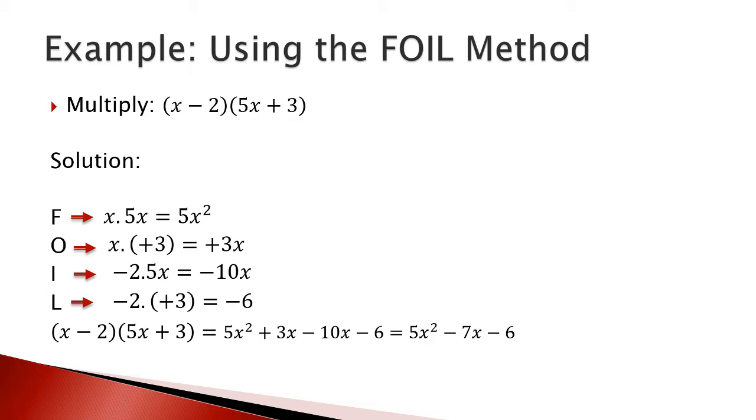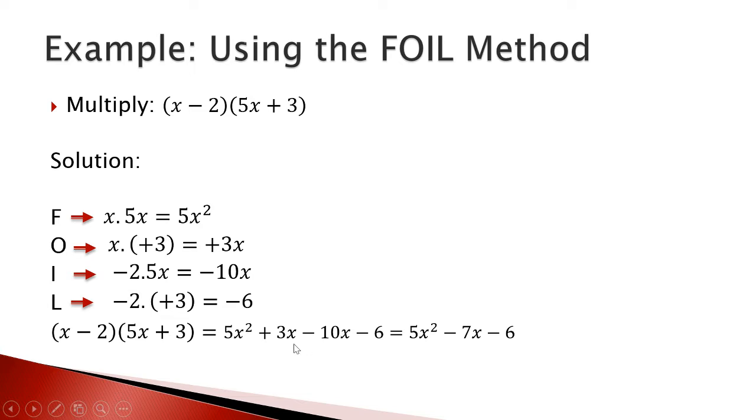Then we have to combine these terms together. So it is 5x squared plus 3x minus 10x minus 6. So here we have like terms 3x and 10x.